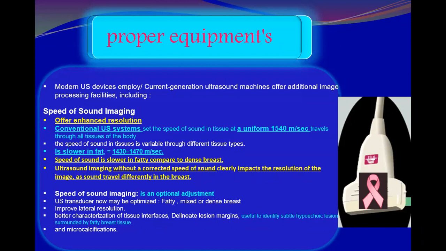By optimizing the transducer speed, it will improve the lateral resolution, give better characterization of tissue interfaces, and delineate lesion margins better. It will be useful to identify subtle hypoechoic lesions surrounded by a fatty breast, as well as picking up microcalcification.